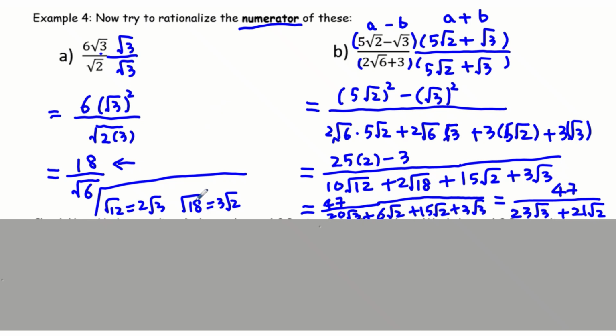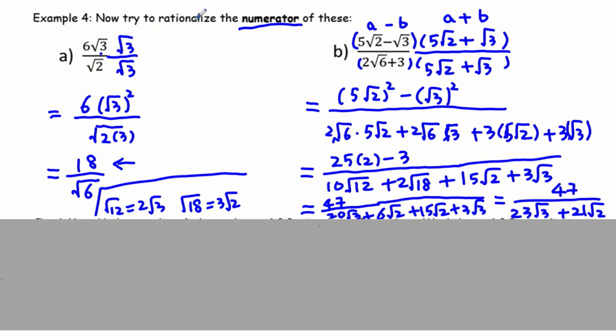So in this lesson, what we have done is we have practiced simplifying radicals. If it's one radical number, then we take the perfect square number out. If we have more terms, we collect the like terms. Then we have learned how to rationalize either the numerator or denominator.